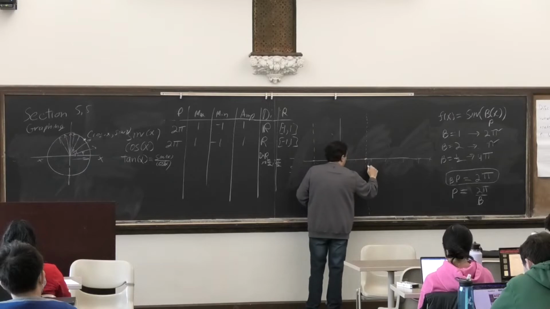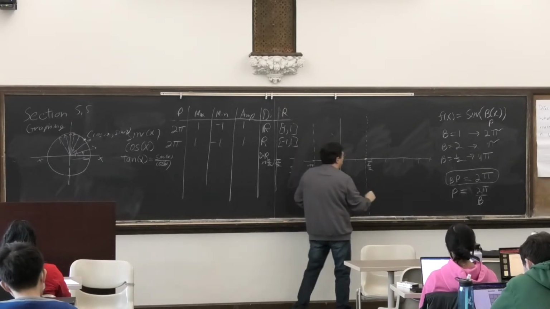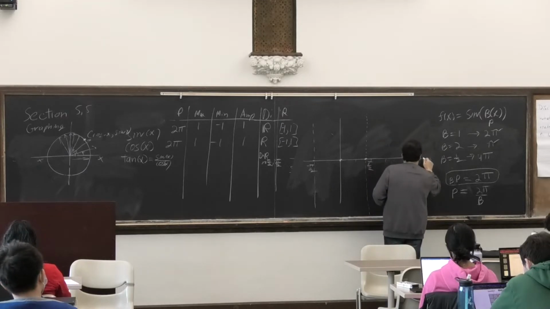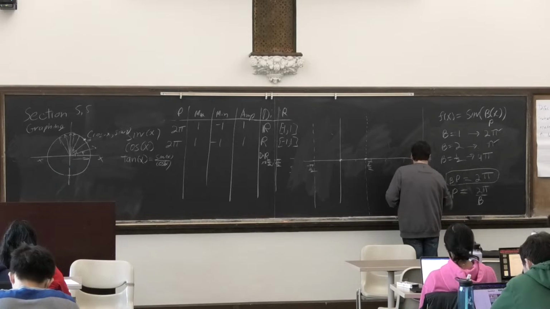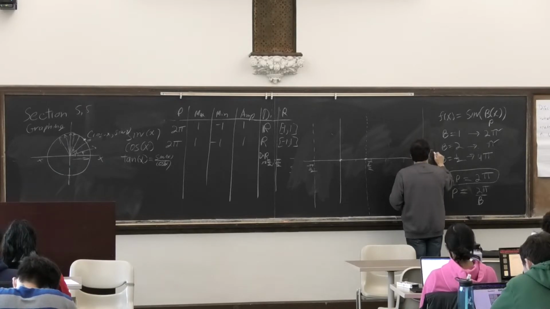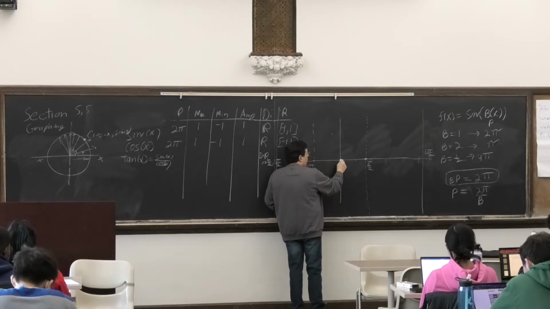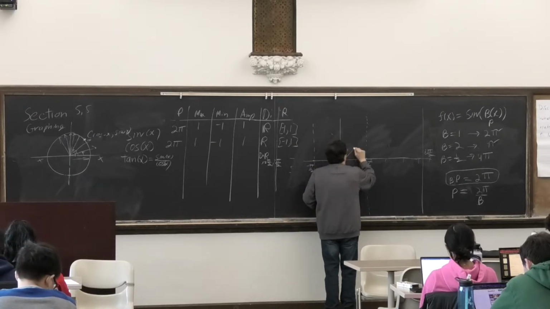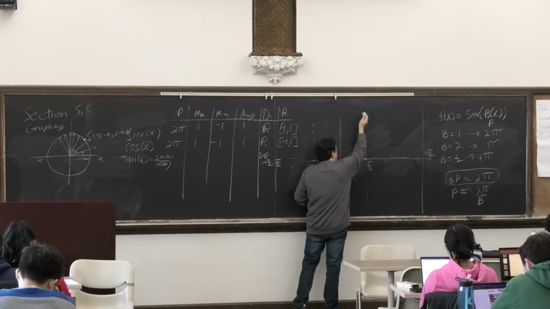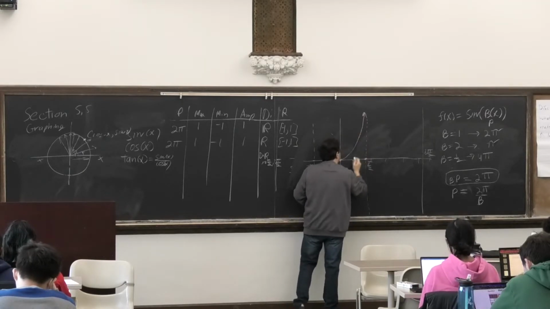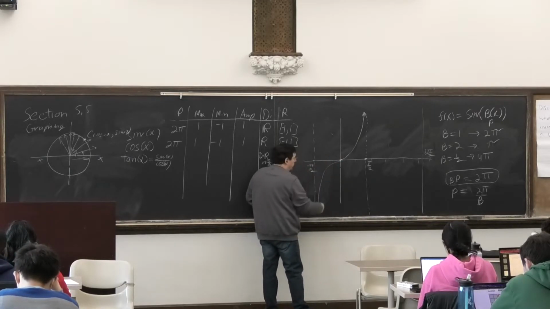This is pi over 2, pi over 2, and somewhere around here, 3 pi over 2. The tangent function at 0 is 0, and it looks a little like a polynomial going up, but it becomes asymptotic. Same thing in the other direction, only going down.